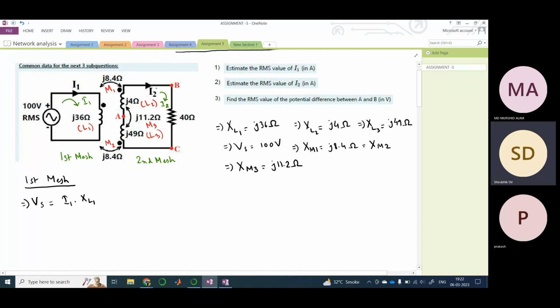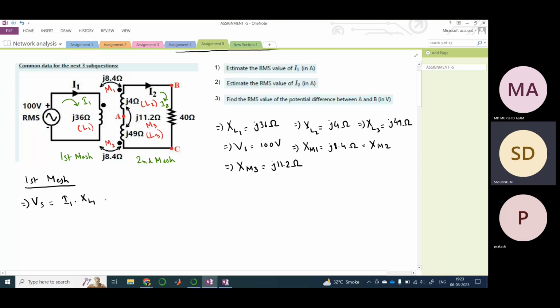Now carefully see here, I2 is flowing in the clockwise direction, and it is entering through the dot part of inductor L3. So it is positive, because it is entering through the polarity side of L3.